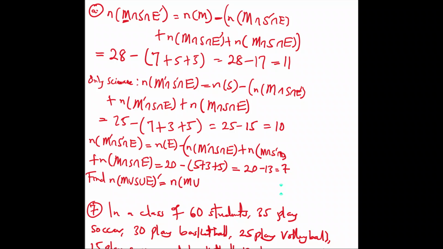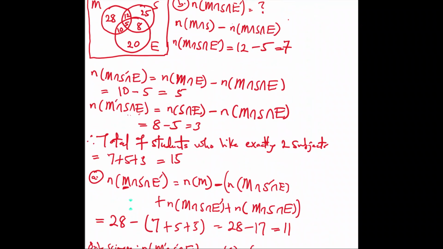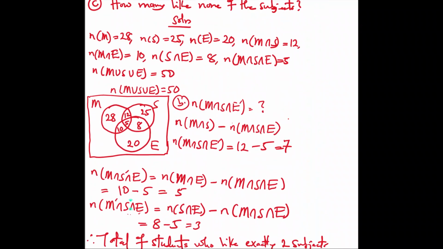Okay, and to get that will be the number of M union S union E minus total of sets inside the circles. Okay, is equals to 50 minus 11.